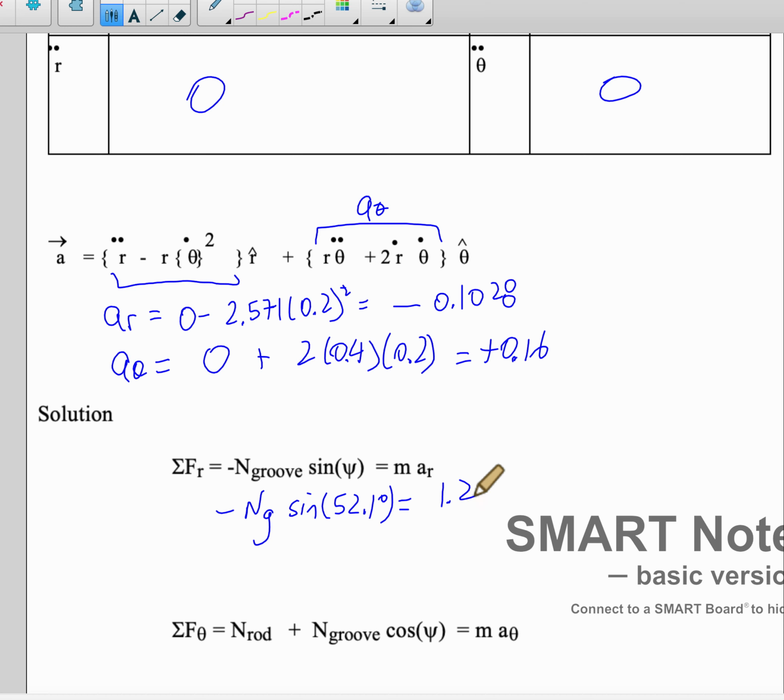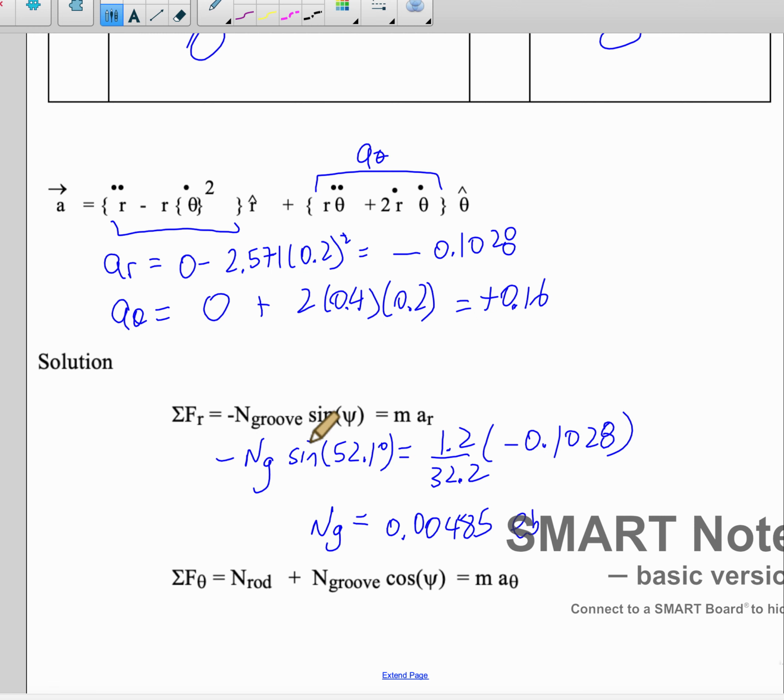That was a 1.2 pound slider. 0.0485 pounds.